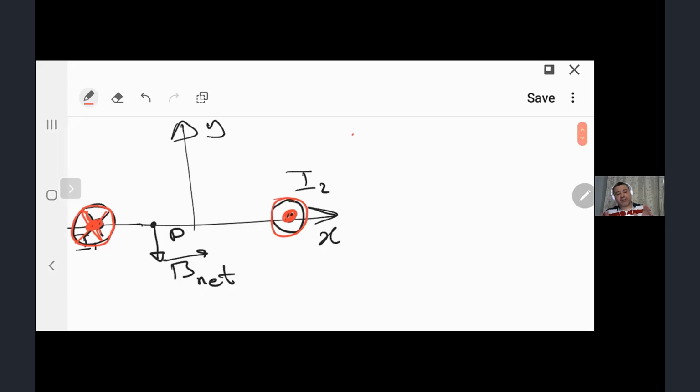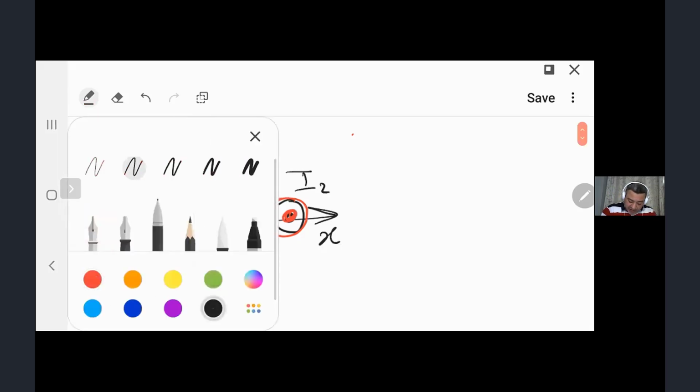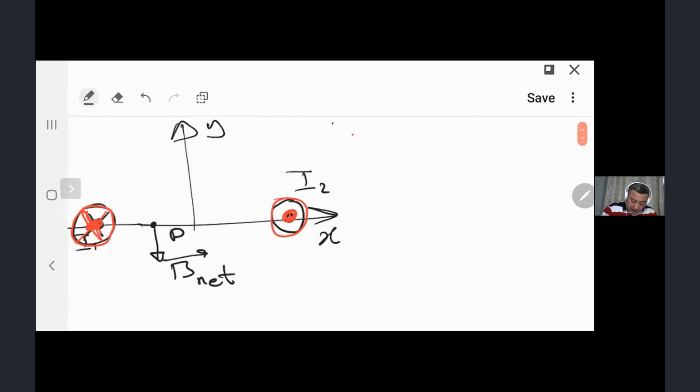Just by knowing that it is constructive, that they will be added, that both of them are supposed to be pointing downward, I figured out that I1 is entering into the screen and I2 is out of the screen. So now I know the direction. Now let's go back to continue solving.